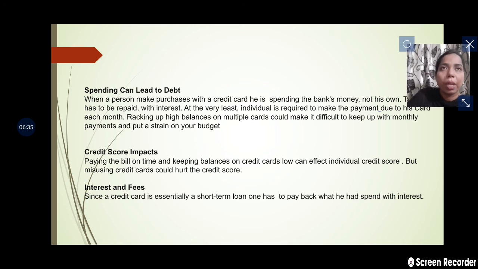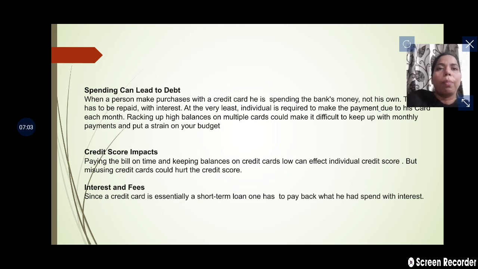But if the payments are not made and the outstanding remains, it adversely affects the credit score of an individual, which then generates the credit report, and it has a harmful effect also. The individual has to pay the interest as well as fees for the use of the credit cards also.